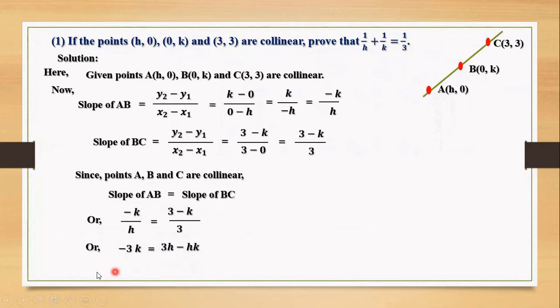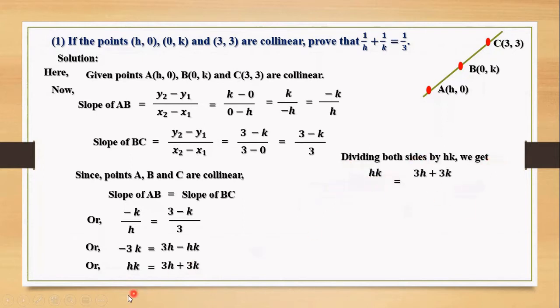Now let's arrange it. Take hk to the right hand side and 3k to the left hand side. Now we are going to divide both sides of this equation by hk. After division we have in the left hand side hk by hk, and in the right hand side (3h plus 3k) whole divided by hk.